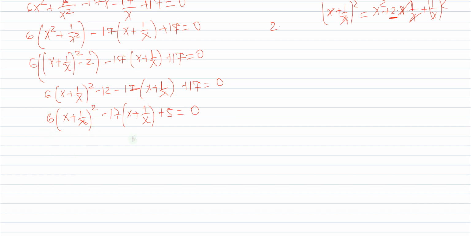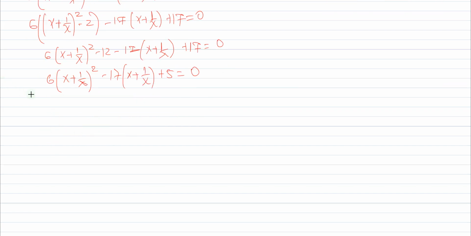Now let's factor this. Let's say that x plus 1 over x is equal to a. So we have 6a squared minus 17a plus 5 equals 0.